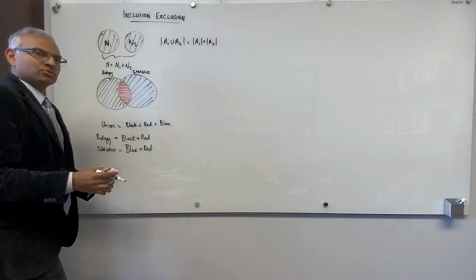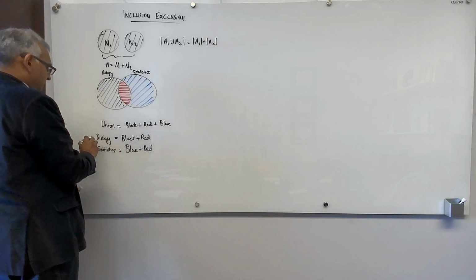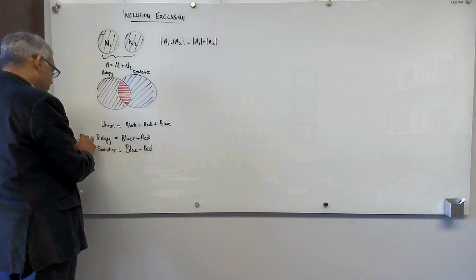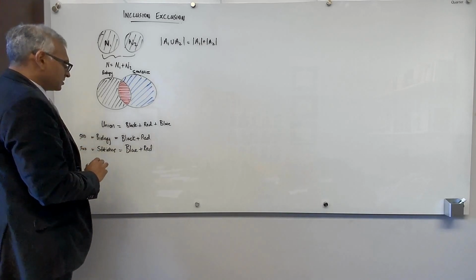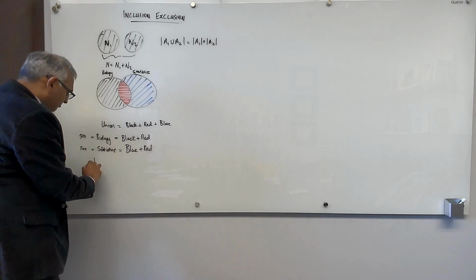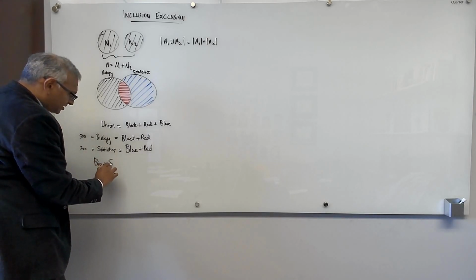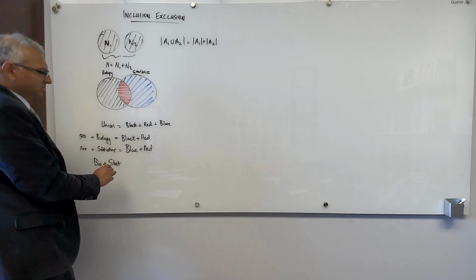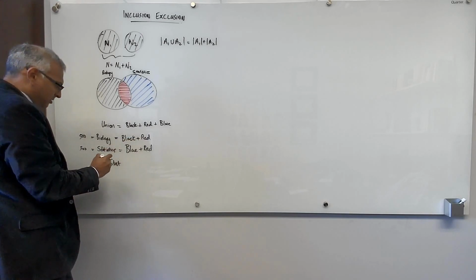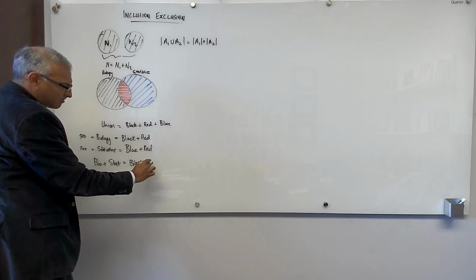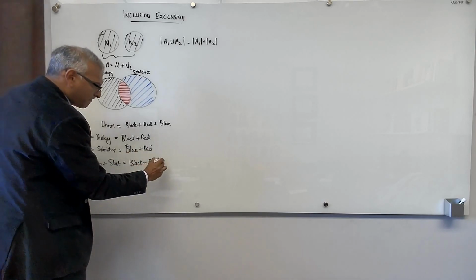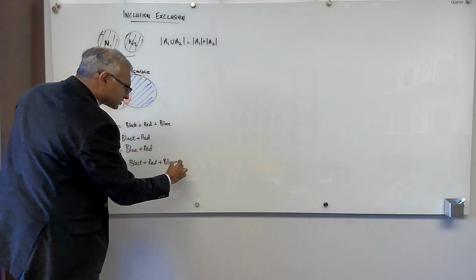Now we know that the number of books in biology is 500, and the number of books in statistics is 300. I would like to take the sum of these. So bio plus statistics is black plus red plus blue plus red.